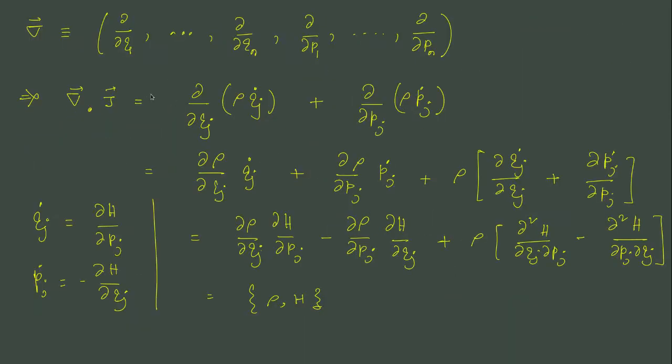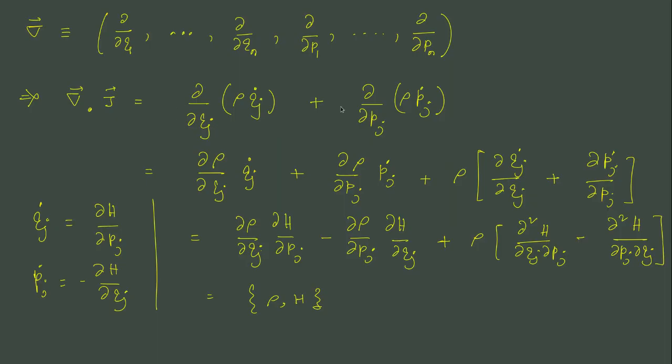Now this divergence theorem can be easily recast in a useful form. First of all, this del operator is equivalent to the partial derivative with respect to each generalized coordinate and momentum, so q1 to qn and then p1 to pn. As such, this divergence can be written as del del qj of rho qj dot, plus del del pj of rho pj dot.